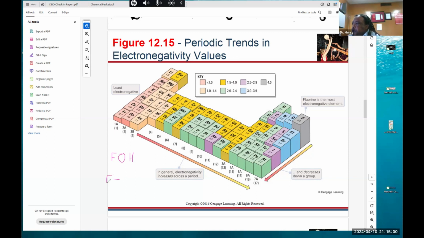So we have an F, O, and H. Okay. Which way is the electron going to be pulled? Left or right? Or is it going to be nonpolar? Say, is it polar or is it nonpolar? Start off there.